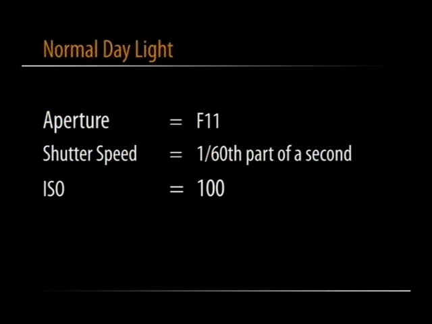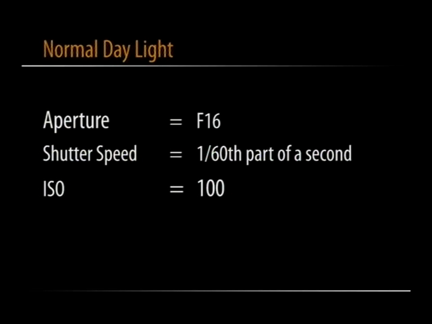For example, instead of 1 by 125th part of a second, you can expose at 1 by 60th part of a second, and that means you are allowing more duration of light to pass. That can be counteracted with the aperture: instead of f11, now you can go for f16. So, what I have done is closed the aperture by one stop, but opened the shutter speed by one stop. So, this is a counteracting device.